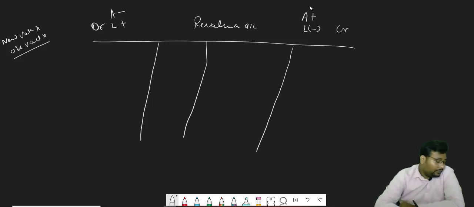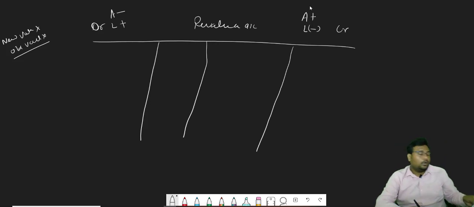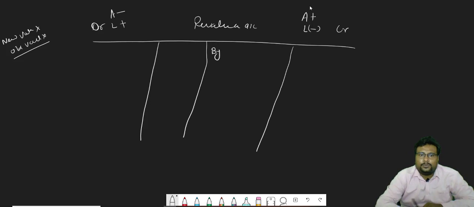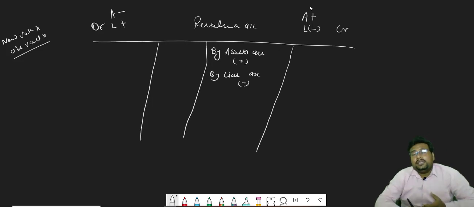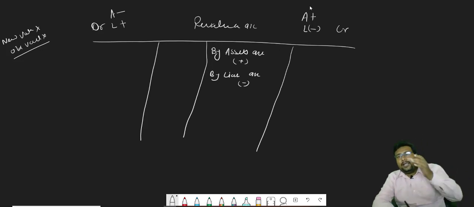So how can we find this out? We will simply open the revaluation account. You know that in a ledger the debit side is recorded with 'to' and the credit side is recorded with 'by'. So, by assets account increased, by liability account decreased. And other than this, if you have any unrecorded assets, what is the meaning of unrecorded assets? The assets you have but forgot to record in the past.